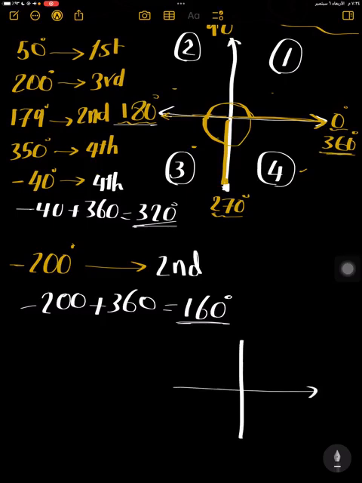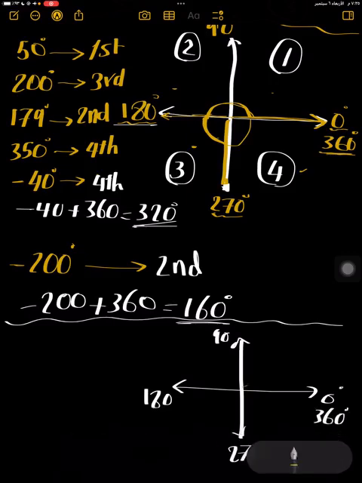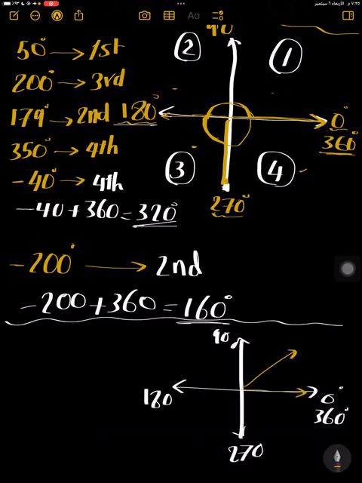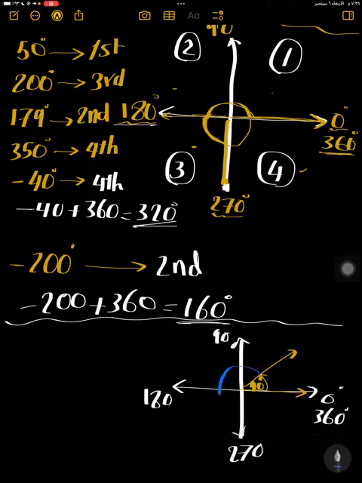Okay, let's talk about the equivalent angles. 0 degree, 90 degree, 180 degree, 270 degree, and 360 degree. If we have directed angle in standard position, its measure is 40 degree. If its terminal side makes one cycle and stops here again, the measure of the directed angle will increase by 360 degree.